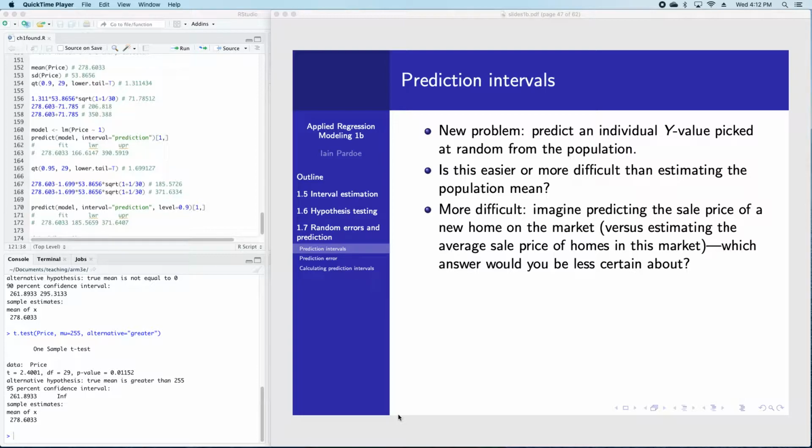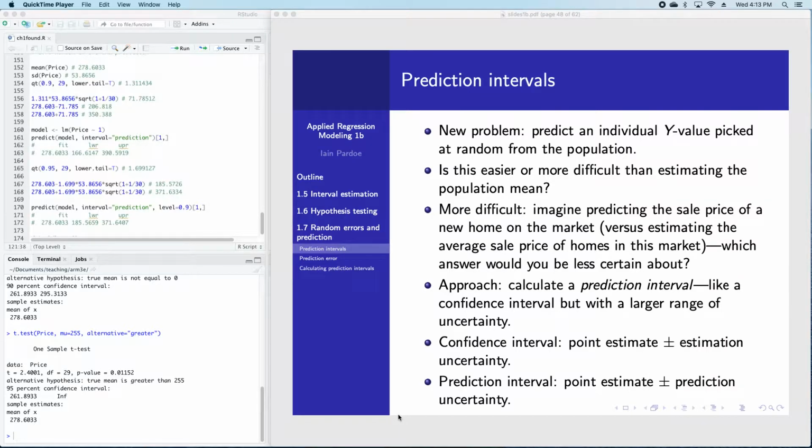And it's because we're going to be less certain about our answer than we would be if we were estimating a population mean. So we're going to use the same approach as we used for confidence intervals. In this case, we're going to calculate prediction intervals. They're very similar to confidence intervals, but they have a larger range of uncertainty. They're wider, but they have the same general form.